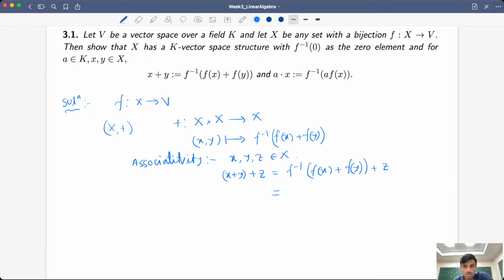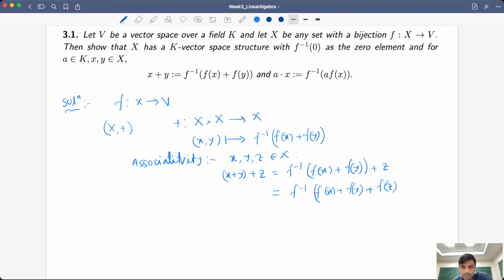Then again by definition of this plus, I have f inverse of f of this thing, and f of f inverse of fx plus fy, f of f inverse is just identity, so this is just fx plus fy, and then f of z.